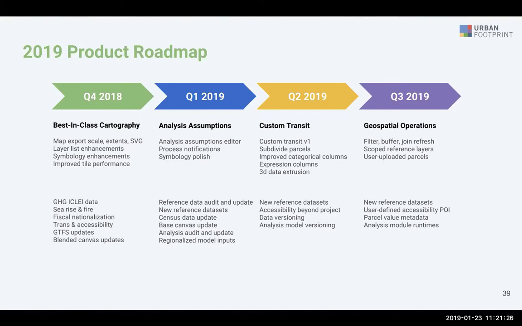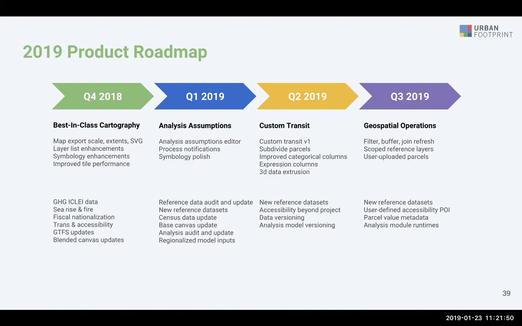So things like density will be enabled, so you can map those and model those. And then 3D data extrusion will be really, really key. So that is the ability to, and we're working on this now actually, the ability to do 3D maps in UrbanFootprint. So that should be really exciting and get the product to a really outstanding state with respect to cartography.